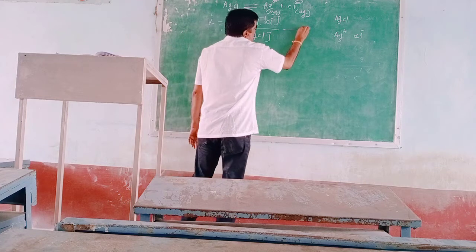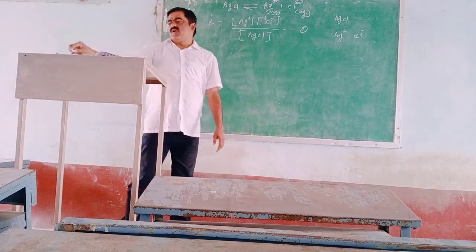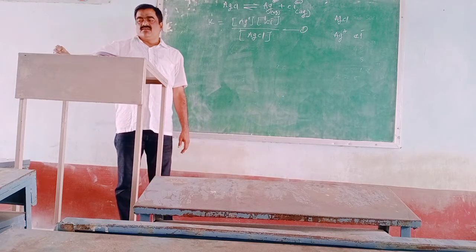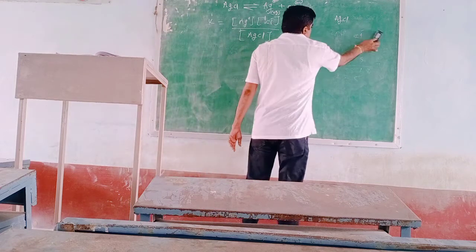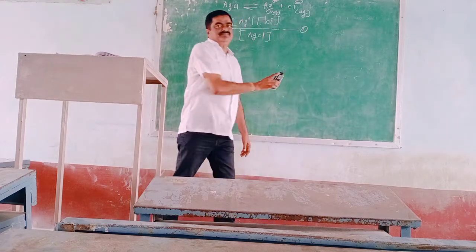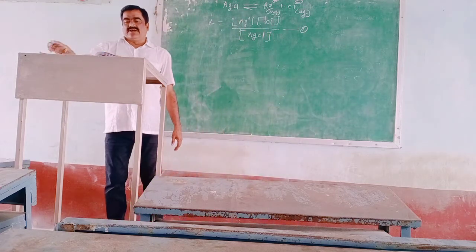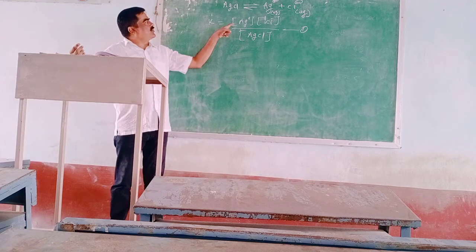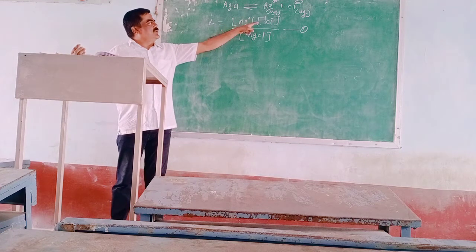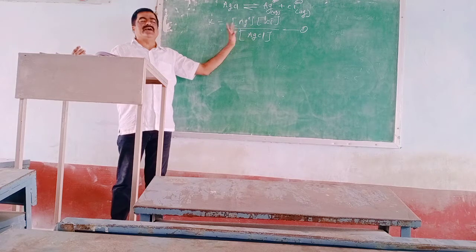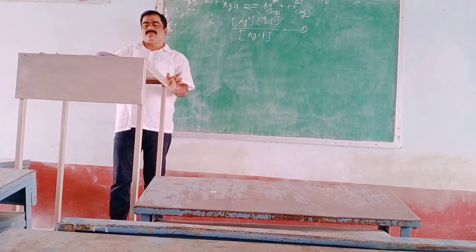Suppose this is equation 1. Then for these Ag plus and Cl minus ions, the equilibrium constant K is equal to the product of Ag plus and Cl minus ion concentrations over the concentration of AgCl.